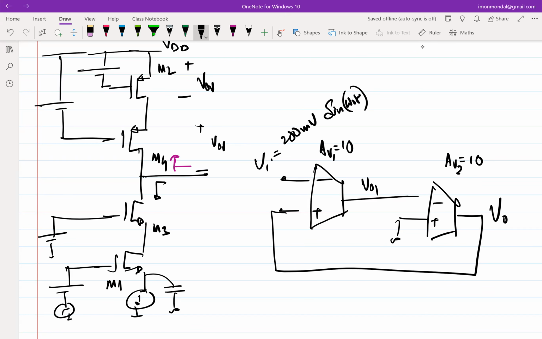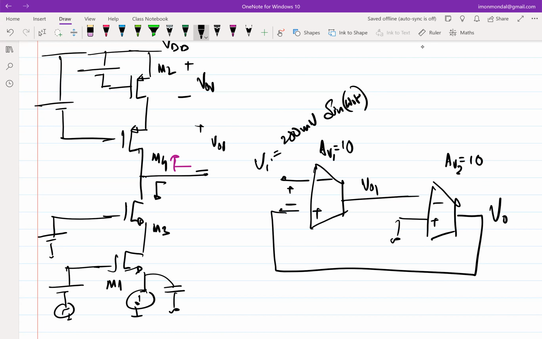Not the open loop gain, the closed loop gain in this structure. Approximately one, right? This is the unity gain feedback. There will be some steady state error, but approximately the gain is one because you cannot sustain a finite input voltage across an error amplifier.